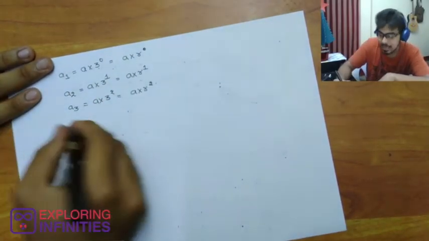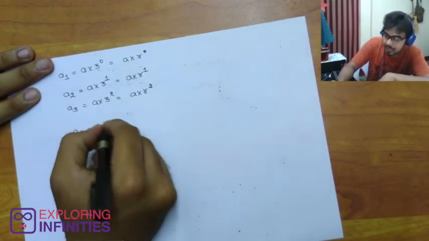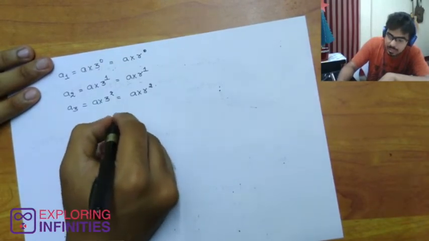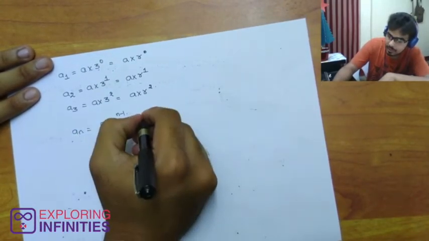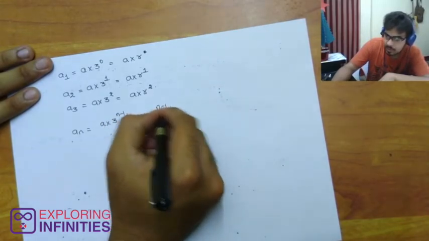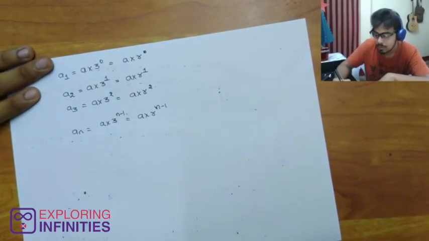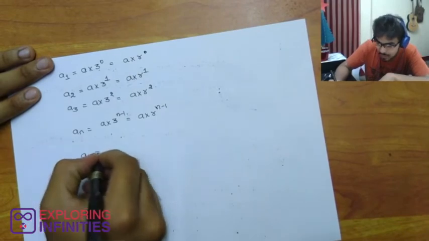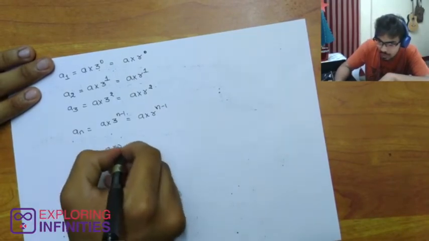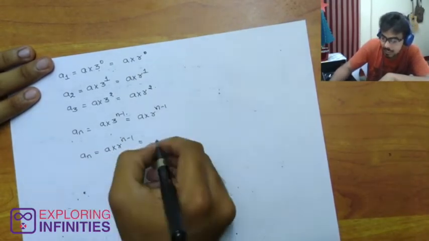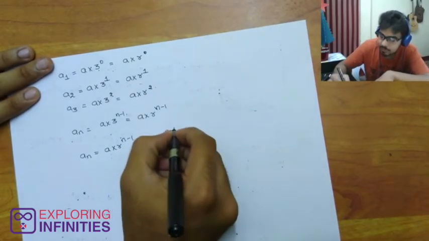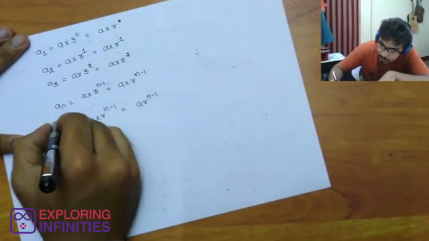That's it. An is equal to A into 3 power n minus 1, which is A into R power n minus 1. As simple as it is. Therefore, we have derived the formula for An, which is A into R power n minus 1, or simply written as AR^(n-1). This is what you should remember.